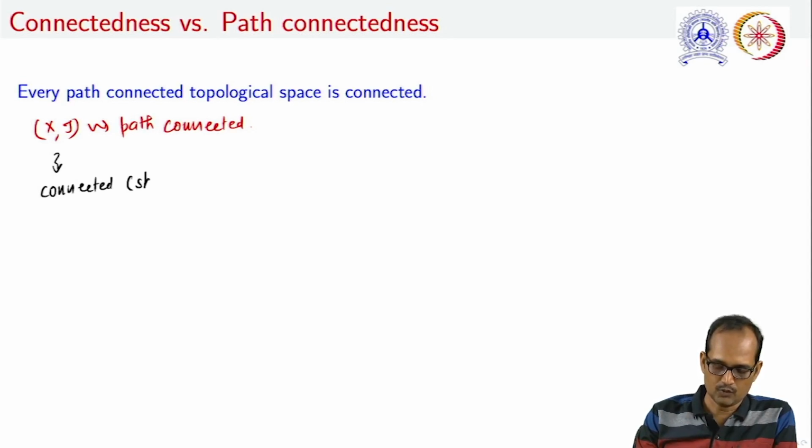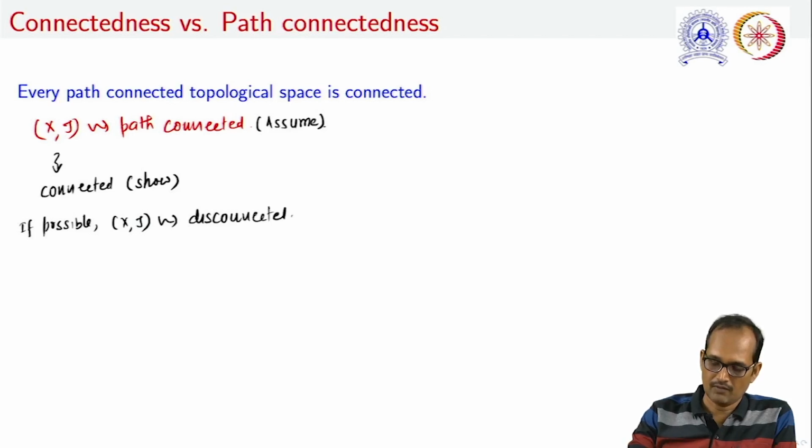This we have to show, and this we have assumed. Now let us try to justify by using contradiction. If possible, let this space be disconnected. So we are assuming that this (X, tau) is disconnected.